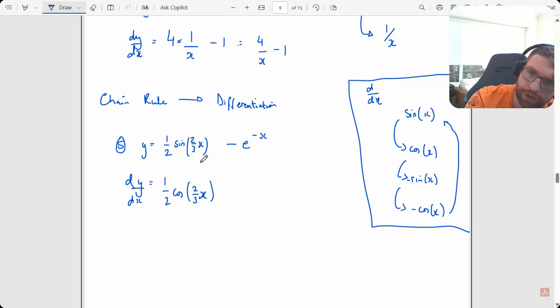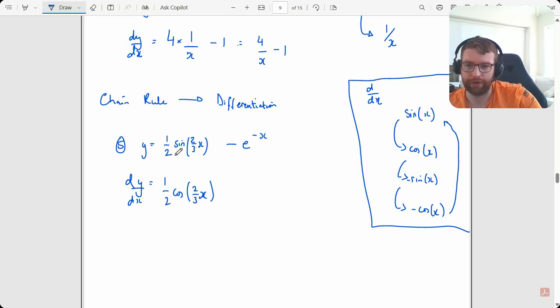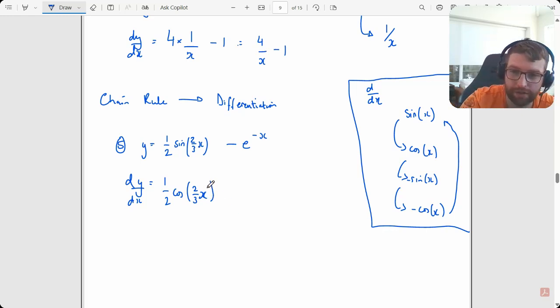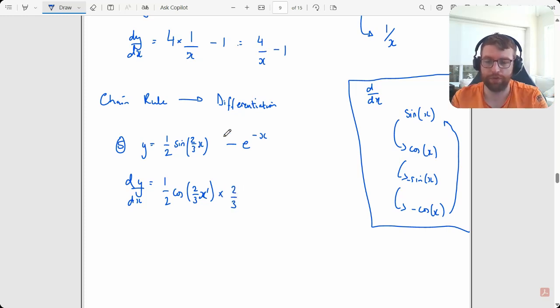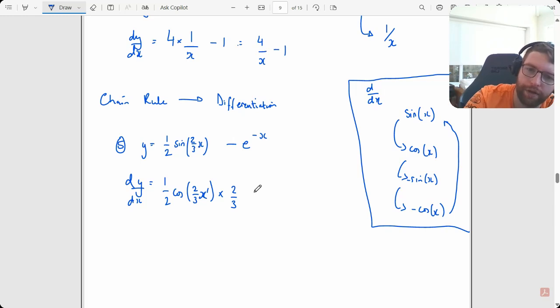So what's the differential? Like in question 1, 2, 3, and 4, what if that was a question? What would that differentiate to? And the answer is 2/3 because it's like x to the power 1. So times 2/3. So you differentiate it as normal, so sine to cos, and then you times it by the differential inside the bracket. Again, you might need another video for that.